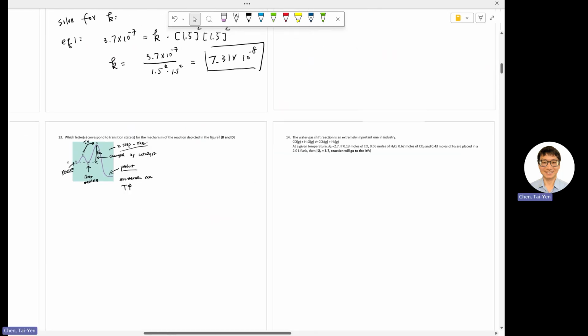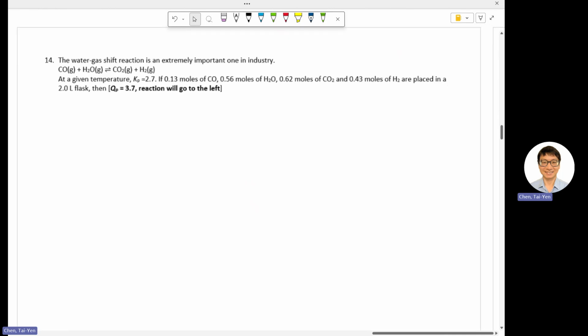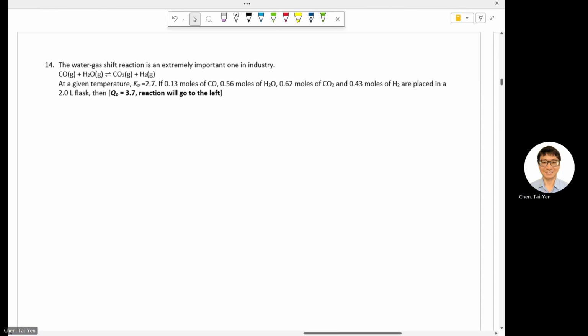Now we will go to a couple more questions for chapter 12. Okay, the first one. This says the water gas shift reaction is an extremely important one in the industry. CO gas plus H2O gas gives you CO2 gas plus H2 gas.